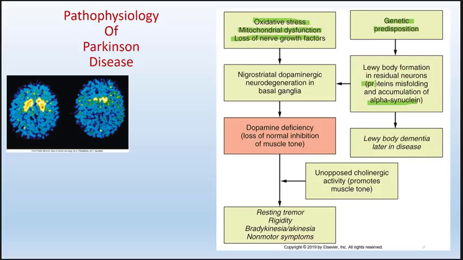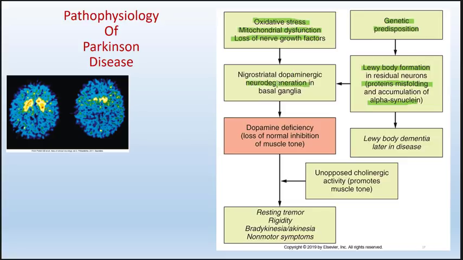And the protein can misfold and really render itself non-functional. Now, with accumulation of this protein, we form what are called Lewy bodies. And these are concentrated within the regions of the basal ganglia, and this ends up leading to degeneration of these dopamine-containing neurons that arise from the substantia nigra, as we spoke about in the previous slide.